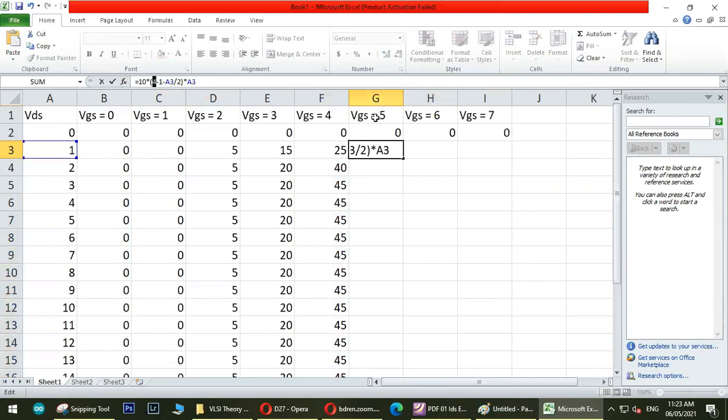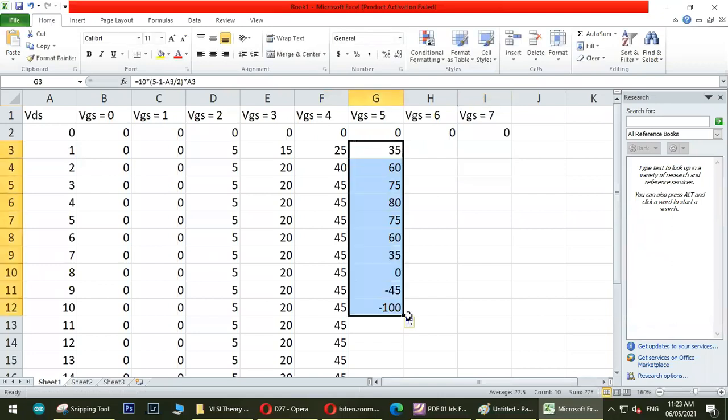Now I am going to use 5 here because your VGS is equal to 5. So I put it there. Again, you can see it was increasing, then after some point it becomes smaller, right? So we cannot take those values. That is the only point where we can go with the linear region equation.